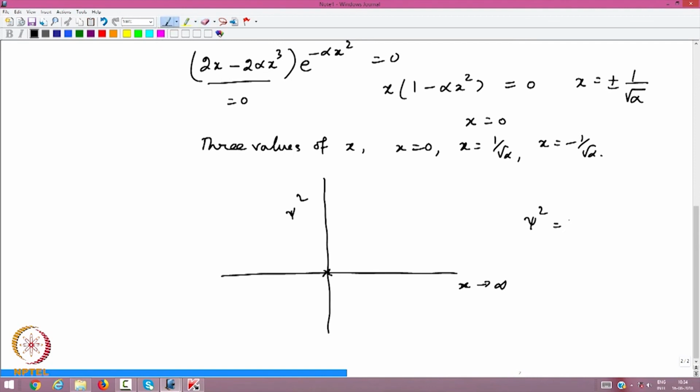The function is x square e to the minus alpha x square, and at x is equal to 0 this is 1, but this is 0. But for all other values of x, at least in the beginning, x square increases and this decreases. Therefore, the function has a shape like that. Okay, and since it is probabilities, this is an even function, it has a shape like that.